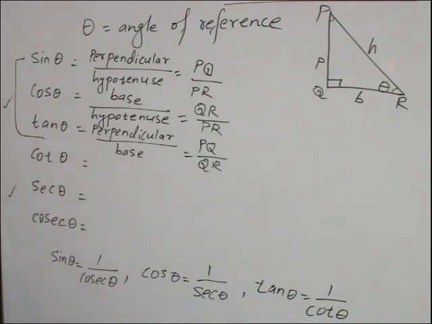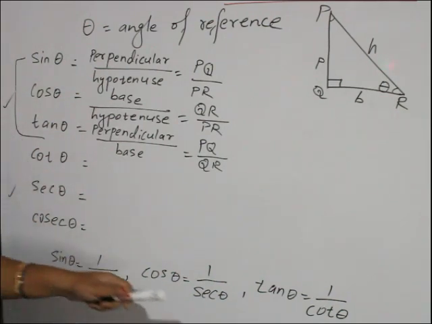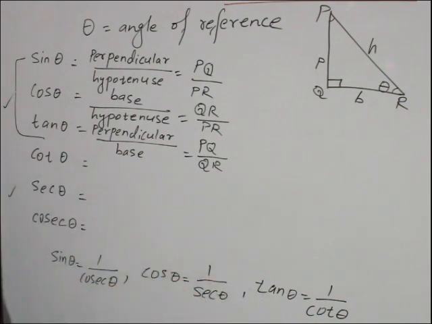Now you see, children, tan theta and cot theta are reciprocal of each other.